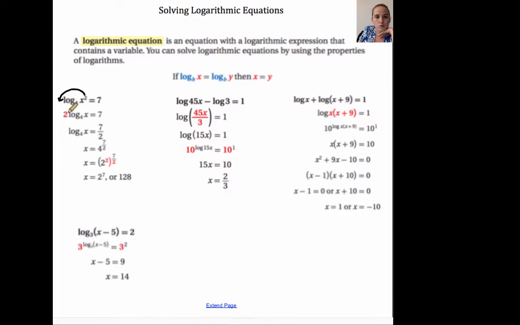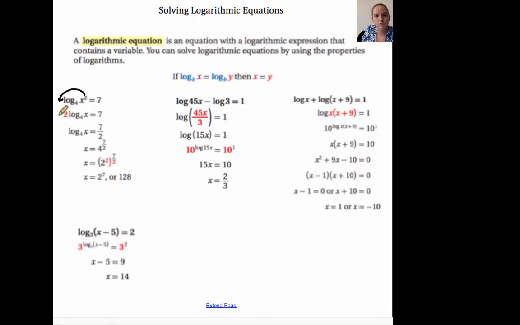So now we have 2 times log base 4 of x, and that equals 7. Now we don't know what log base 4 of x is, but remember, that is a value. You cannot separate it. You cannot remove the x from it. You have to determine that value. So we've got 2 times that information that contains the x equals 7.